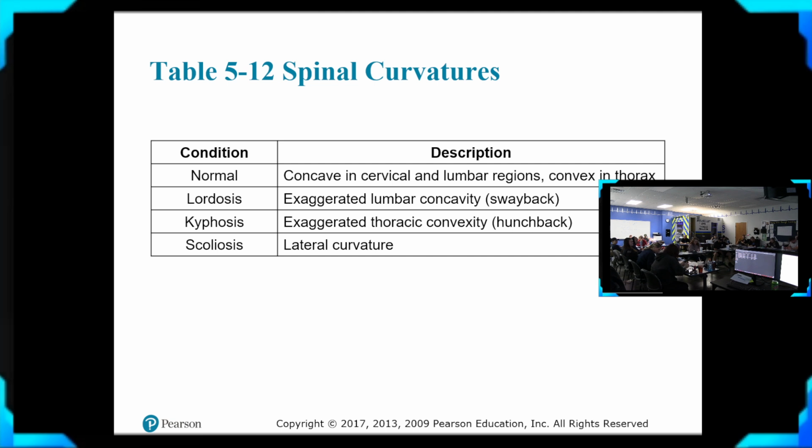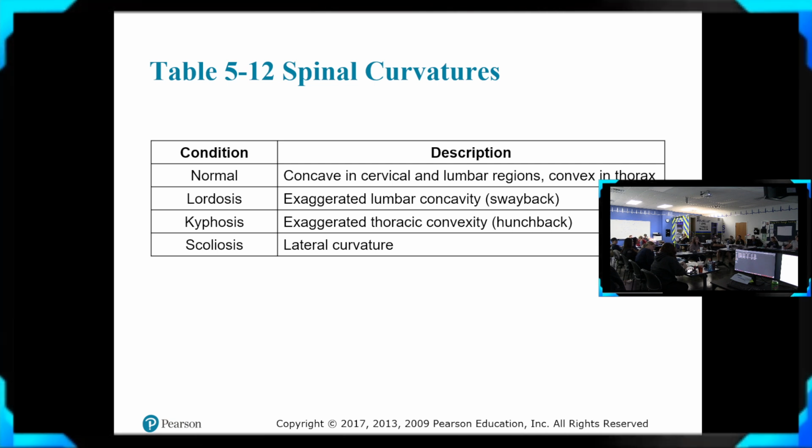Lordosis is the exaggerated lumbar concavity, so going in. Kyphosis is the hunchback. Scoliosis is when it looks like a chicane going vertically up the back. So this is like when people look like they're trying to make their chest and their butt bigger and they walk like that. You have that huge sway in their back going in. Kyphosis is the hunchback, and then scoliosis is where it's vertically going like a snake.